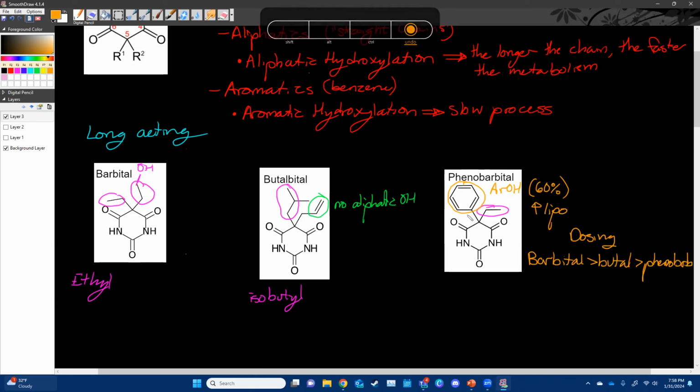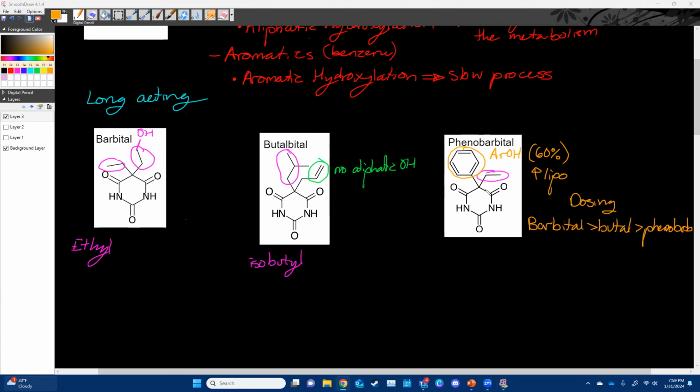Why? Because we have increasing lipophilicity. So we need larger doses of barbital than we do phenobarb. Any questions about that?